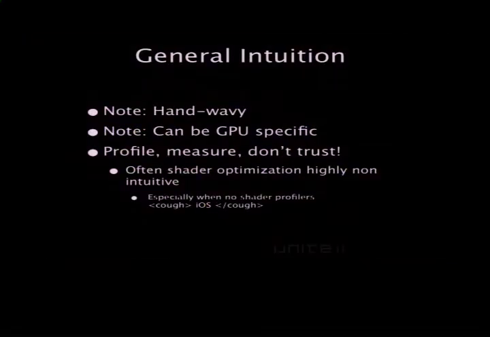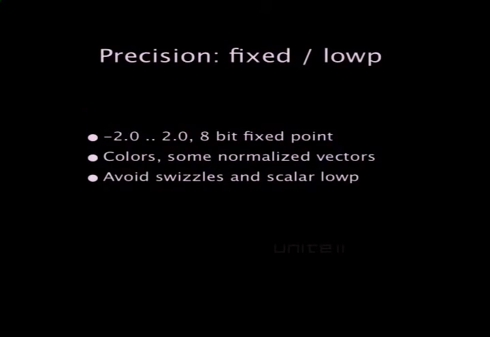So it's very important to actually measure whether your changes work. You might think, oh, I optimized the shader, it looks much shorter now, but then it actually runs slower. And some platforms like iOS do not have any shader profilers whatsoever, so it needs a lot of iterations to try to optimize that.